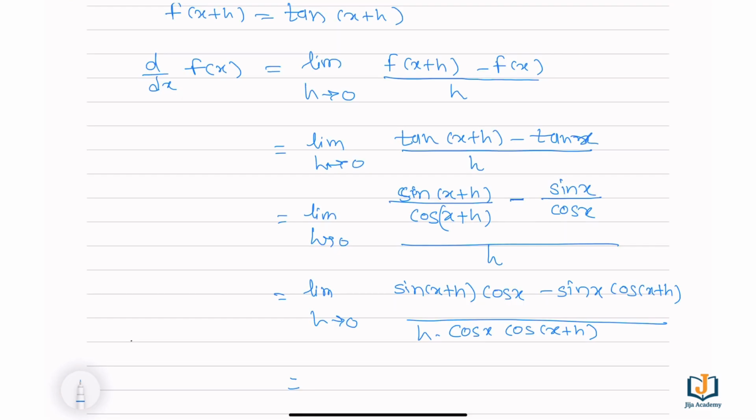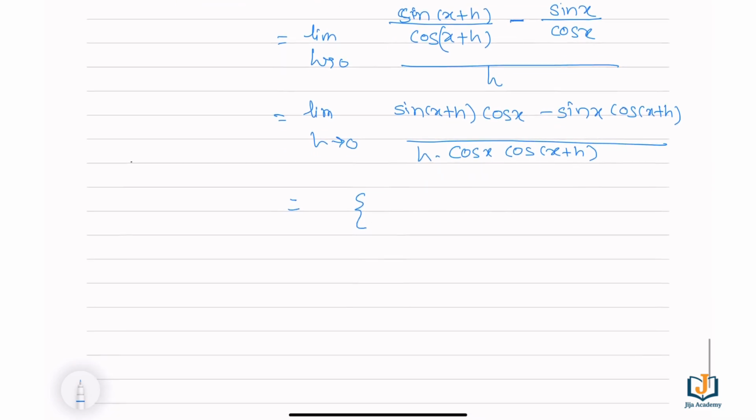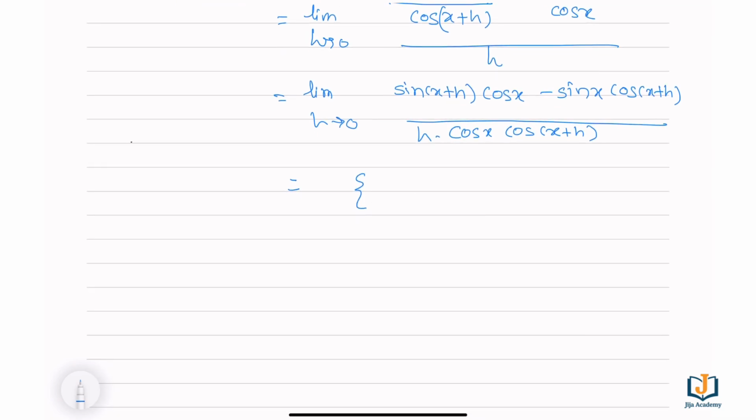So we know that the formula is sin A cos B minus cos A sin B is equal to sin (A minus B). So here A is equal to x plus h and B is equal to x.